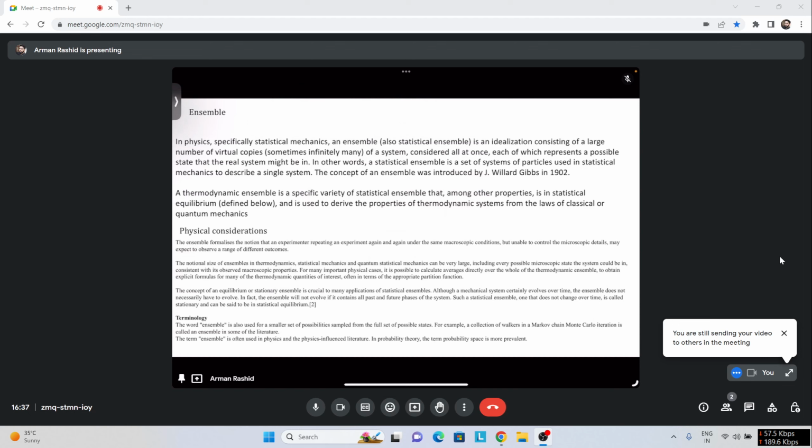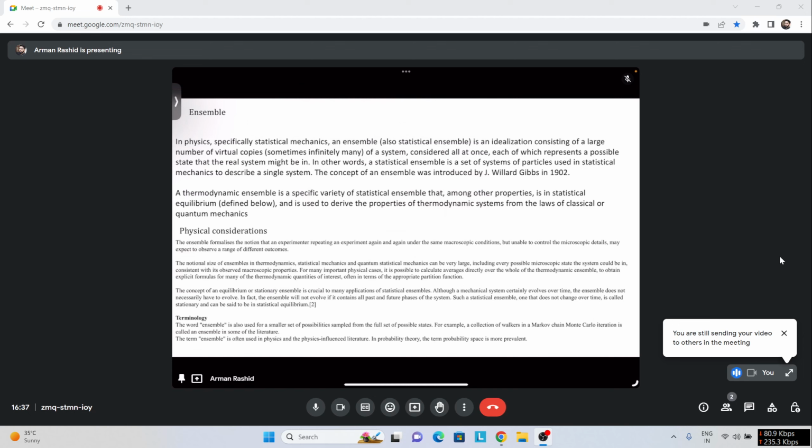So if a scientist is performing an experiment at the same conditions of temperature, pressure and volume, every time there will be a slightly different observation because he is not able to control the microscopic outcome.